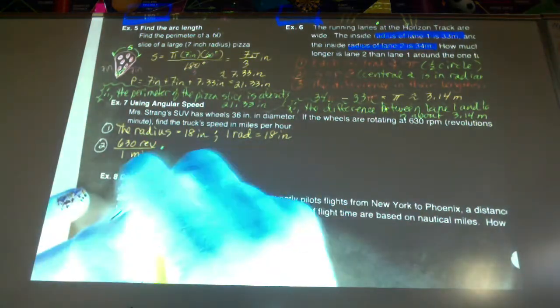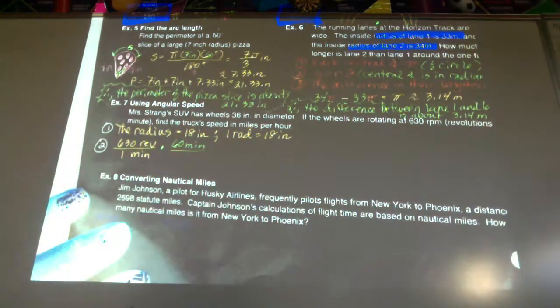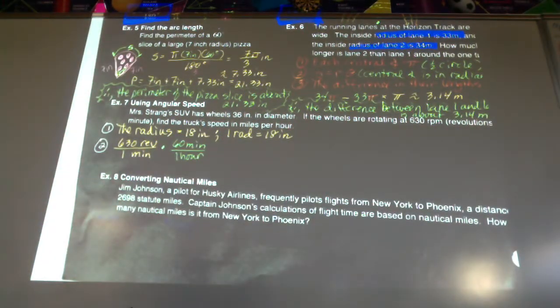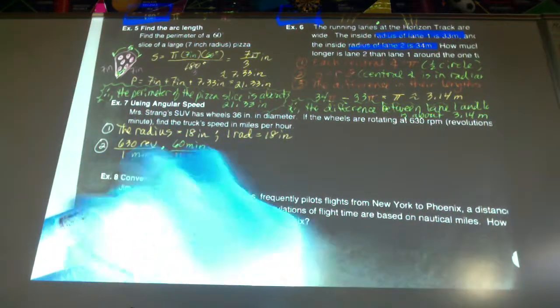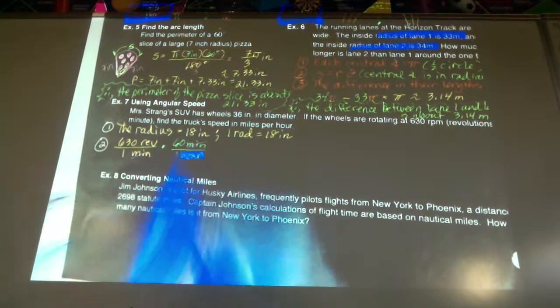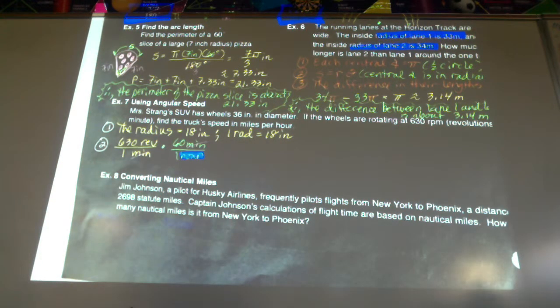I want it to be diagonal so that the minutes cancel out. So the 60 minutes goes up top, the 1 hour goes in the bottom. That way, my minutes cancel. So now I have what I'm looking for, hours in the bottom. So I'm done with the bottom. Now all I have to do is start to convert revolutions. We have to come up with a conversion for 1 revolution.